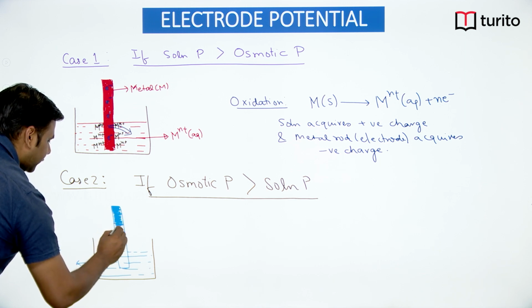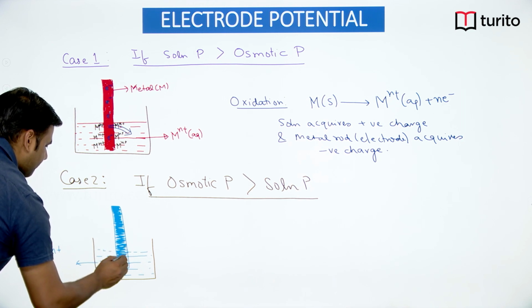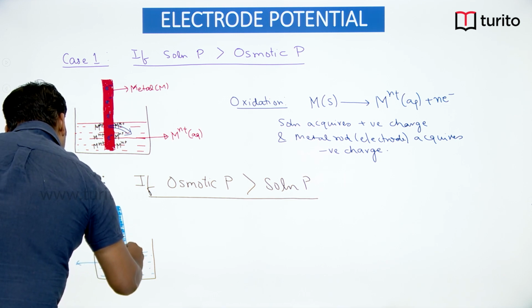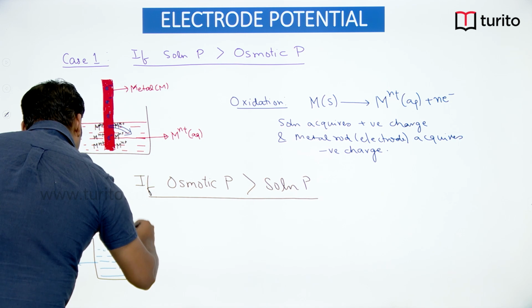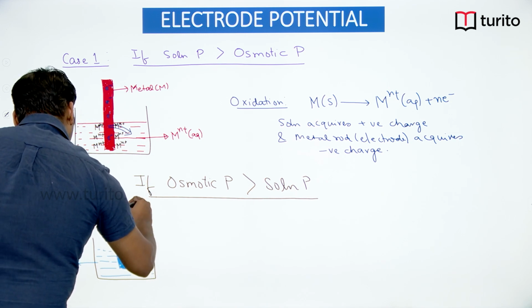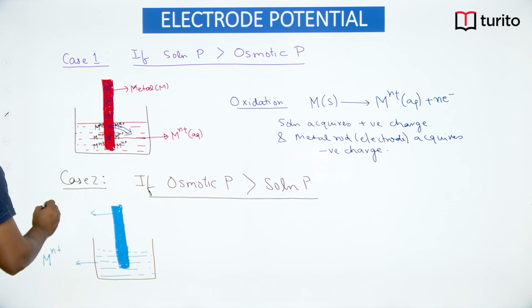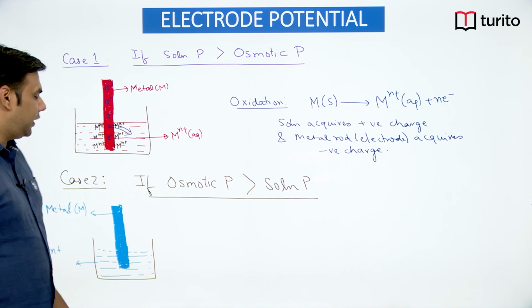Just let me draw it first. So we have again dipped a metal rod in its aqueous solution, the solution containing the ion of that metal.